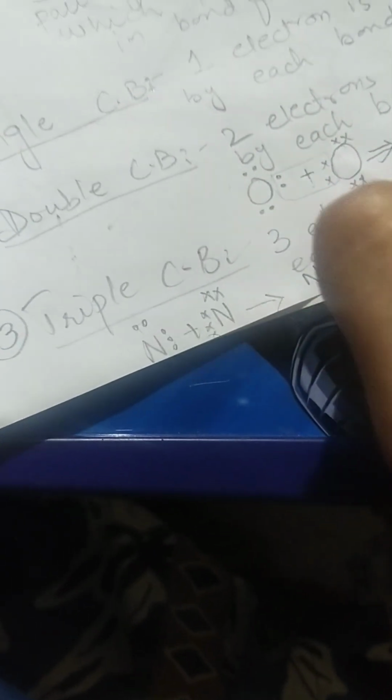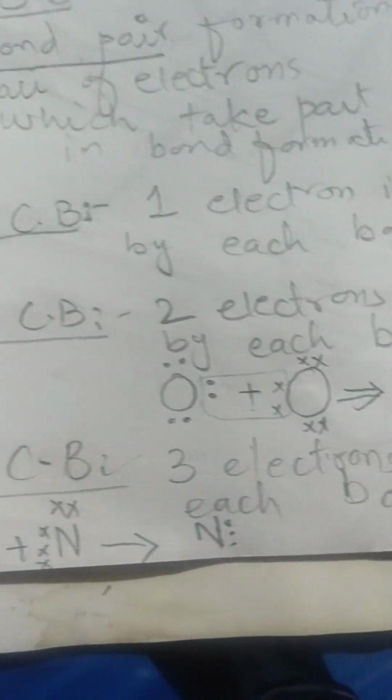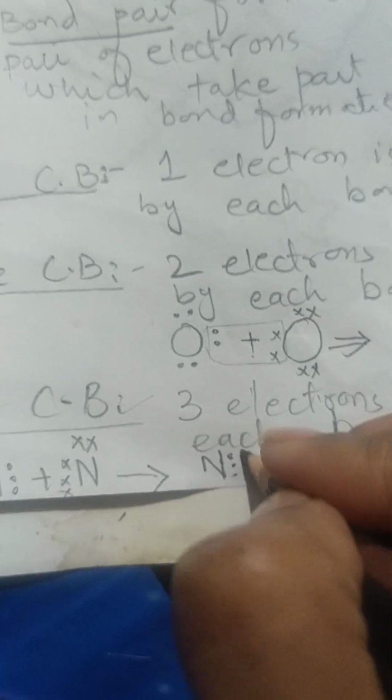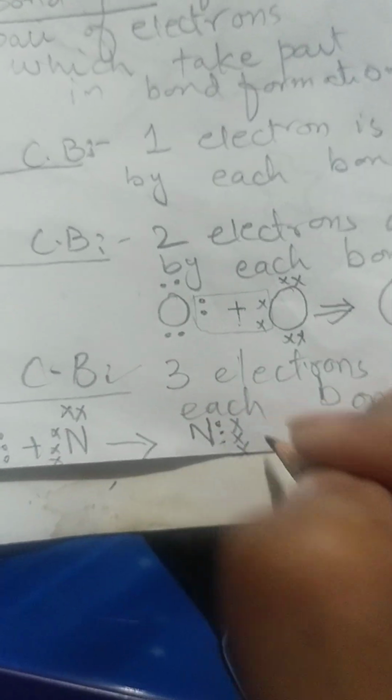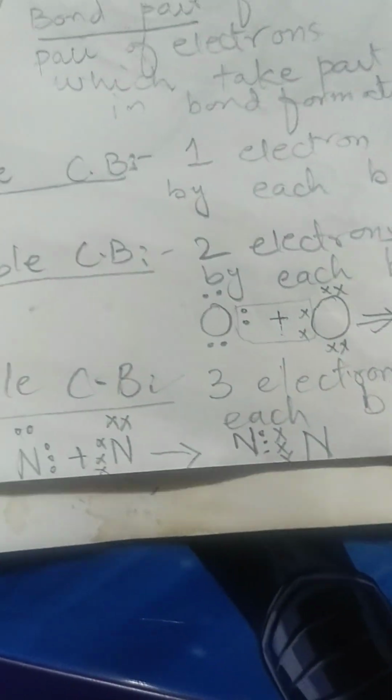As a nitrogen atom has 5 electrons in its valence shell, it needs 3 electrons to complete its octet. Now these nitrogen atoms share 3 electrons to form a covalent bond.